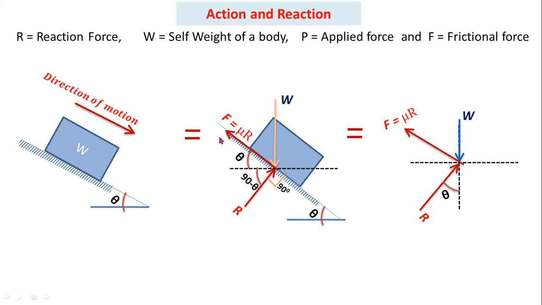This is the direction of the frictional force. This frictional force acts parallel to the support and opposite to the direction of motion. It makes an angle theta with respect to the horizontal.